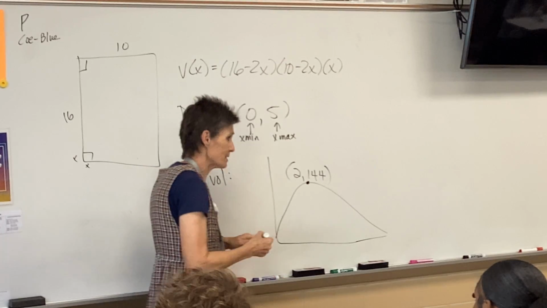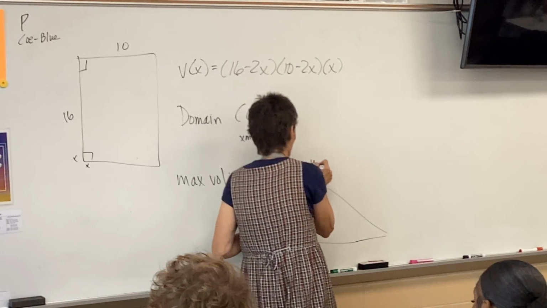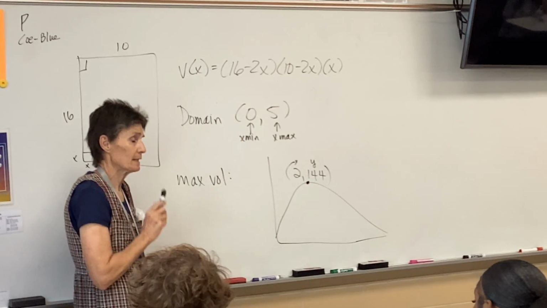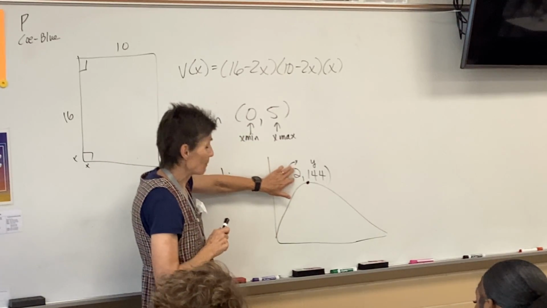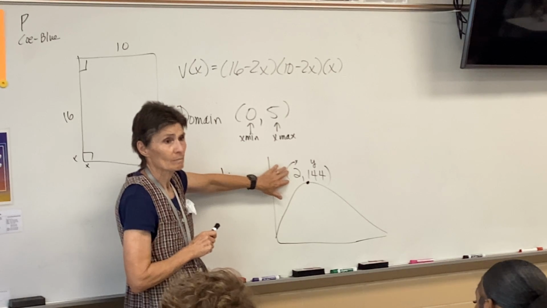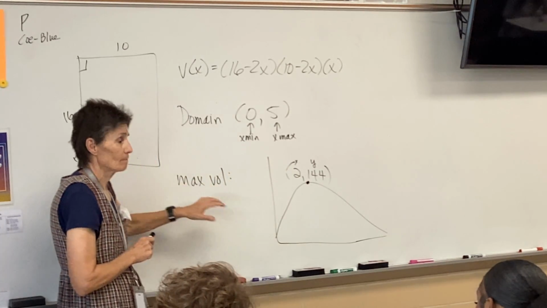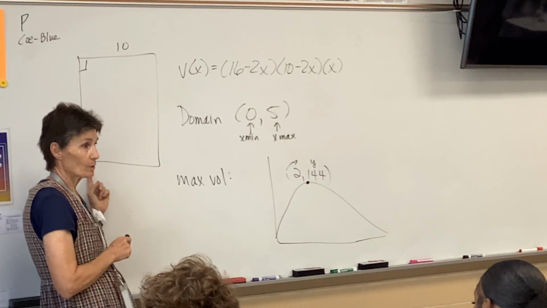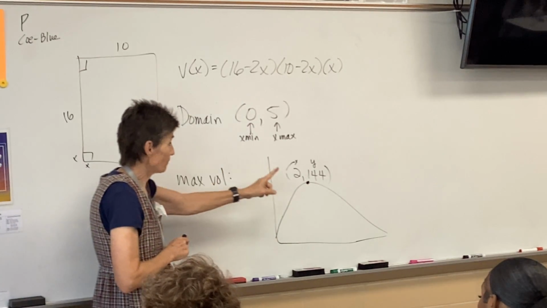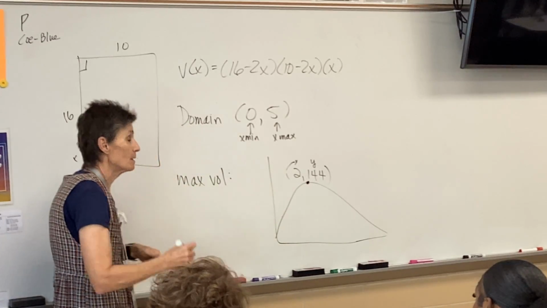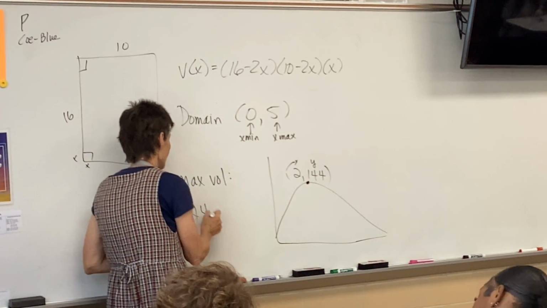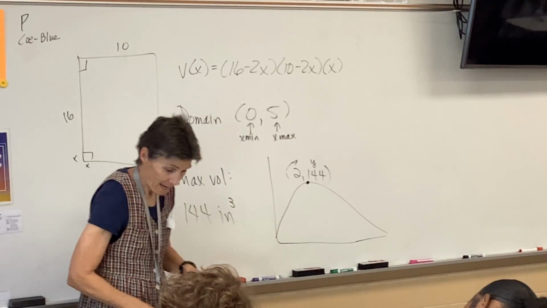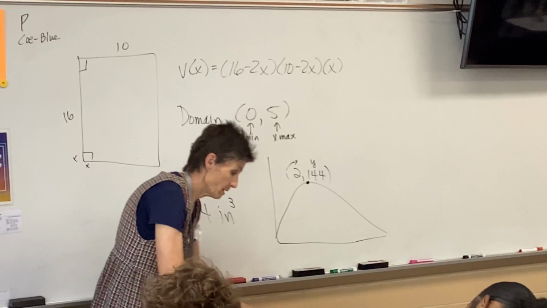Remember, every time you use second calculate max, you're going to get an X and a Y. What is the 2? 2 is the size of the corners that you cut out. What does the 144 represent? The maximum volume, so 144 cubic inches would be the maximum volume of the box.